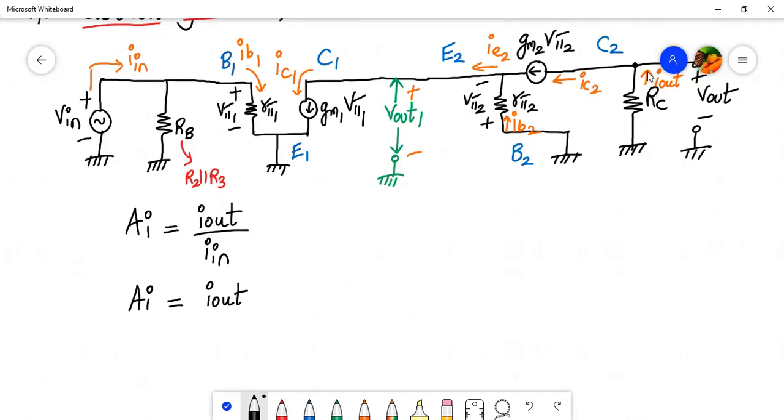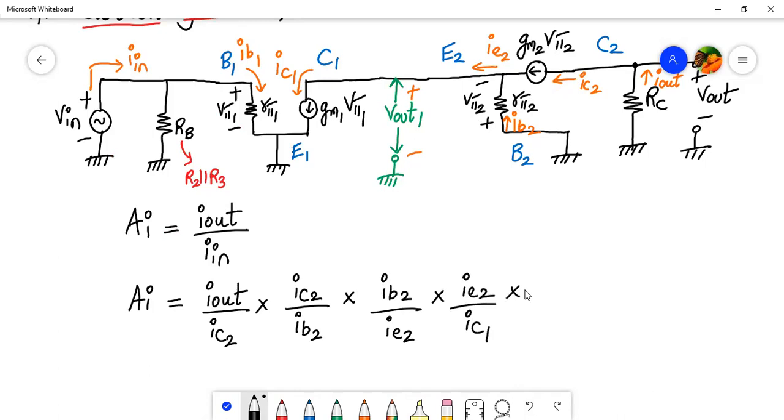So AI is equal to I out divided by IC2 first, multiplied by IC2 divided by IB2, then IB2 upon IE2, then IE2 upon IC1, then IC1 upon IB1.